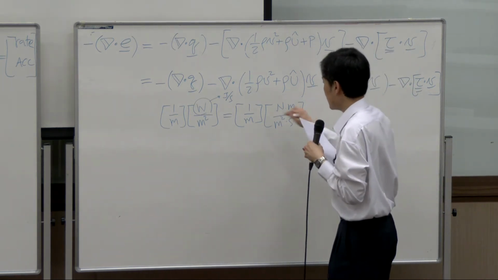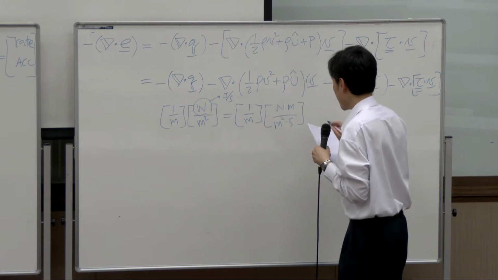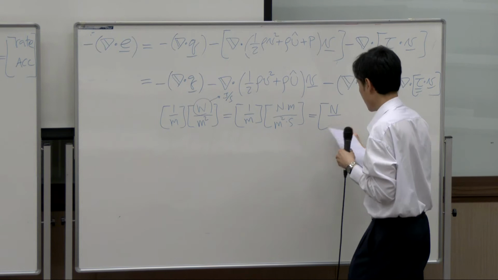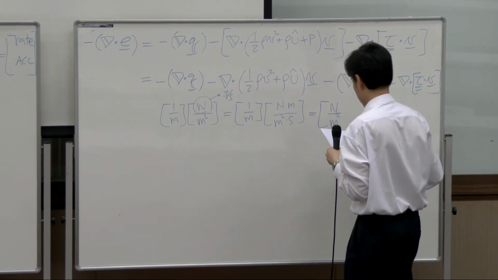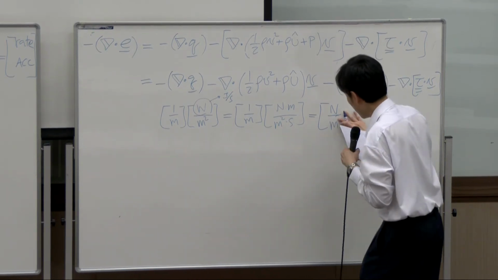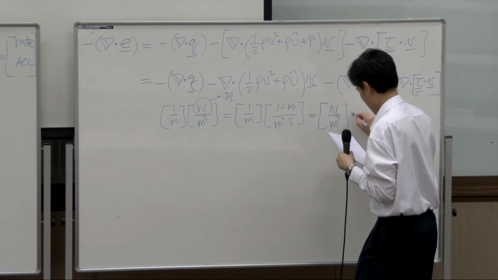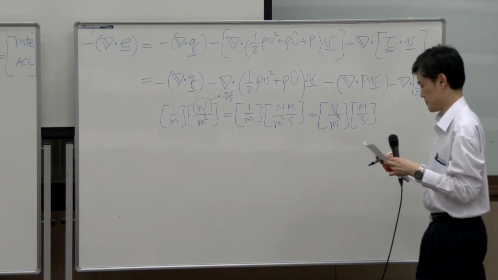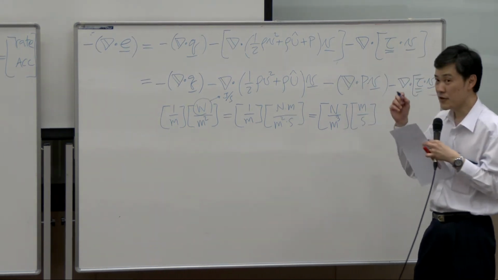All right? So if I combine this, I can get Newton per meter square, meter cube, and meter per second. All right? Consider unit only.